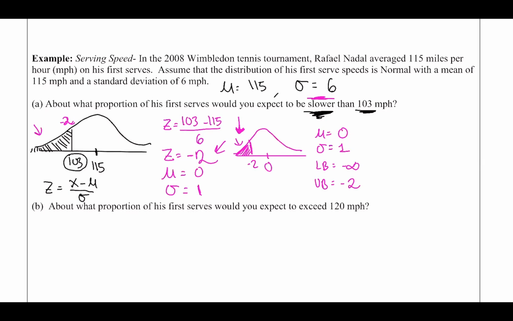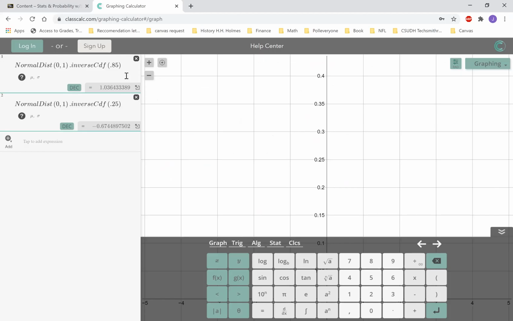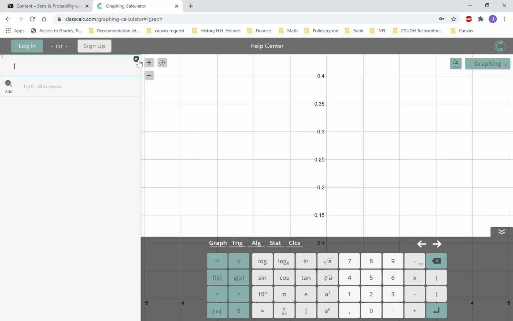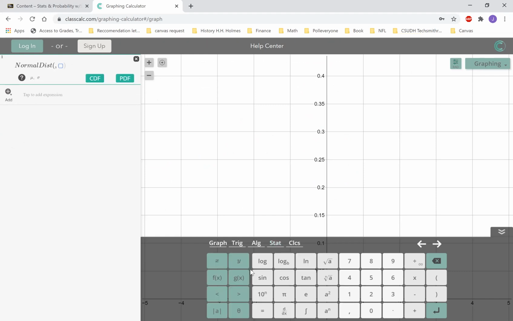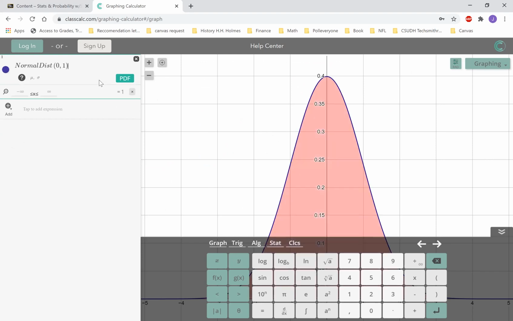All right, so let's go to the class count. Remember, for this one, we have a z value and we're going to change it into a probability. So we go to distribution, normal distribution, we say 0, 1, and you want to put CDF.